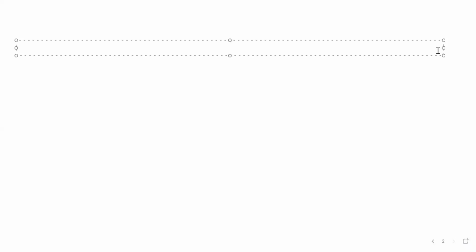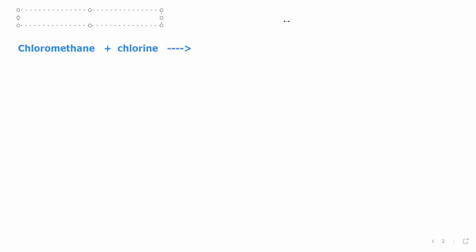This chloromethane is going to react with chlorine, so more hydrogen atoms are replaced by chlorine.